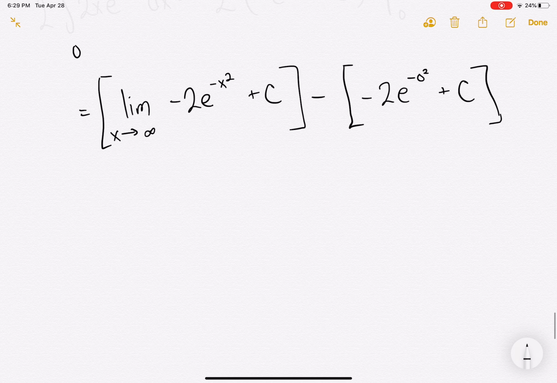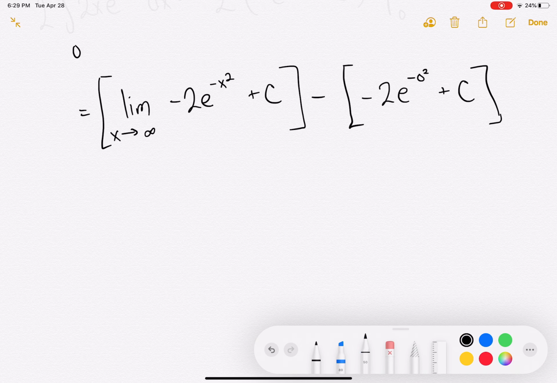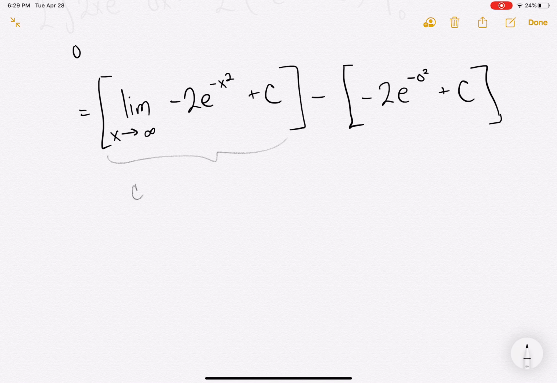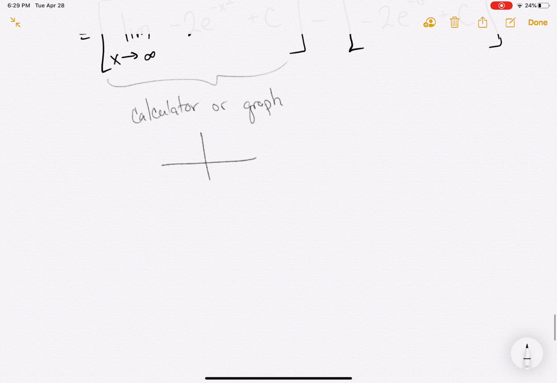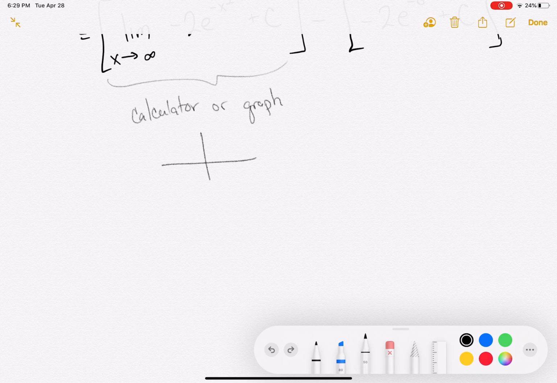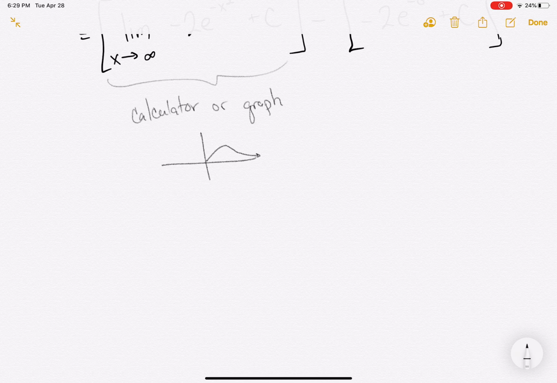You have a few choices here. Calculator or graph, right? I showed you the graph. The graph looked like that. Didn't draw that very well. That.